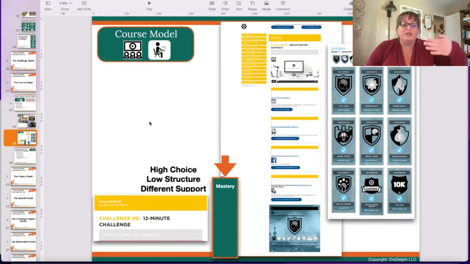There are clear rites of passage in her badging system. And so as I'm going through a DIY self-paced course, I'm going step by step. I have to accomplish that rite of passage, and then I keep going. I don't feel the pressure like I do with the challenge model, and what I'm learning is a much more in-depth understanding of a skill or a competency. This just happens to be 100% self-paced.